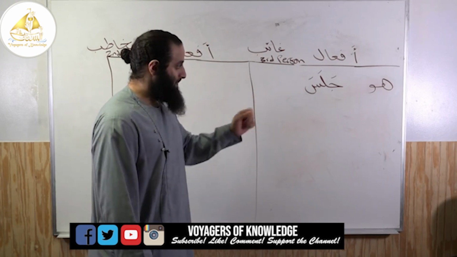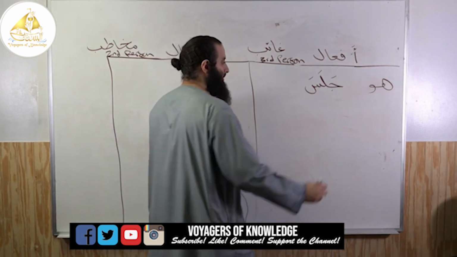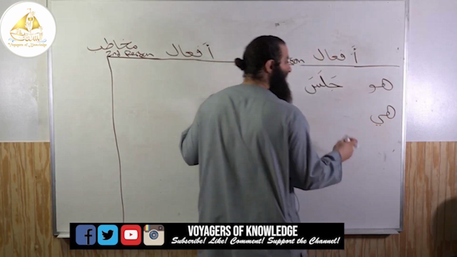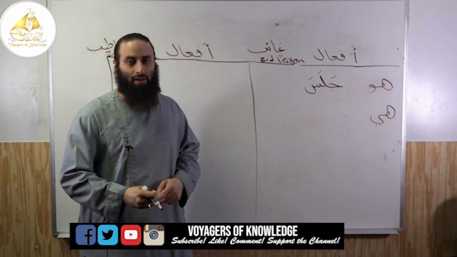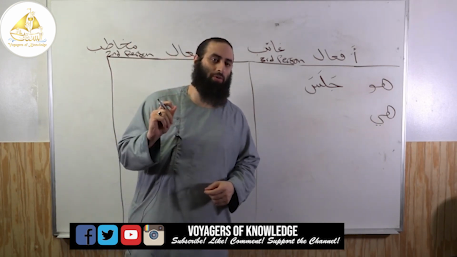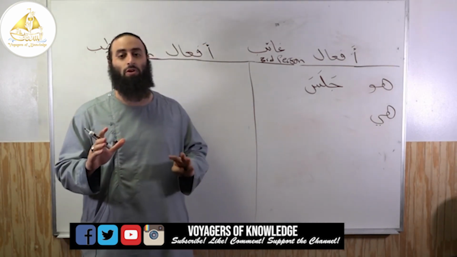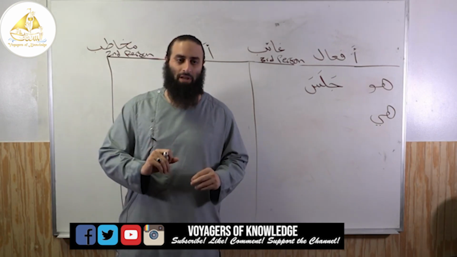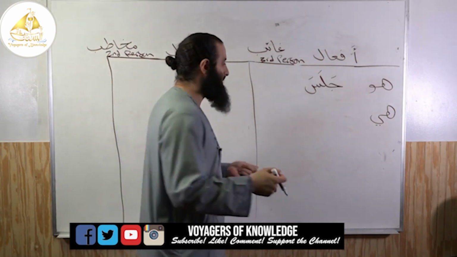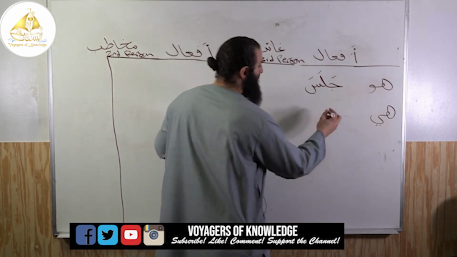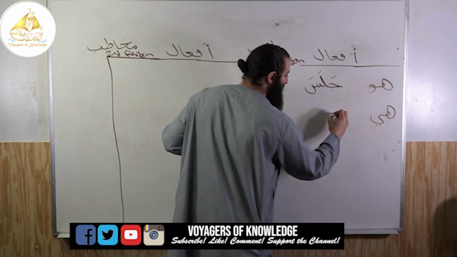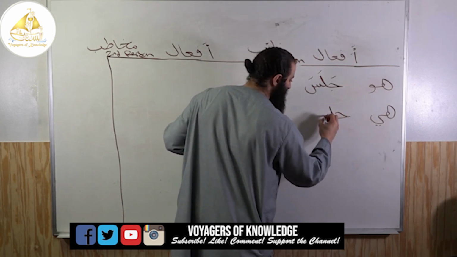Let's take hiya. What do we add for hiya to identify she sat? We add a ta with a sukun. Now, that ta with the sukun is not the fa'il, I should say, and it's not the dhamir either. It's just there to tell us who the fa'il is. Jalasat.